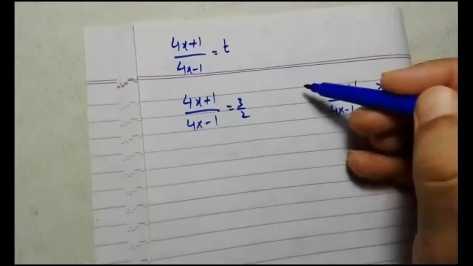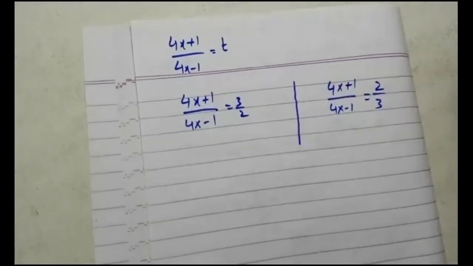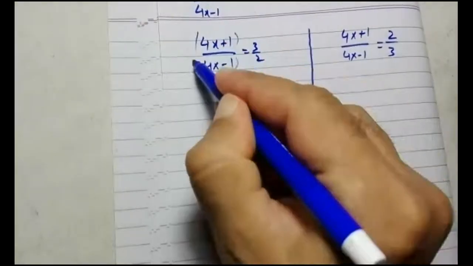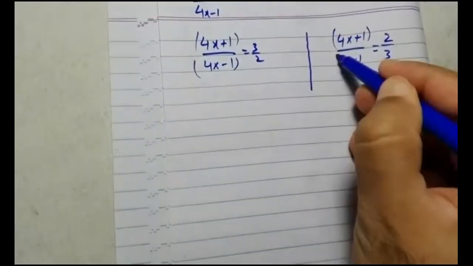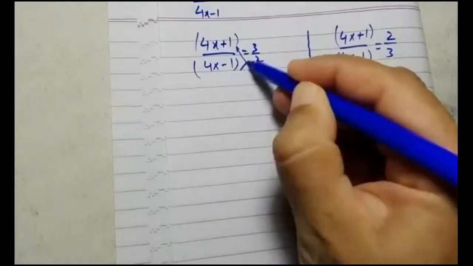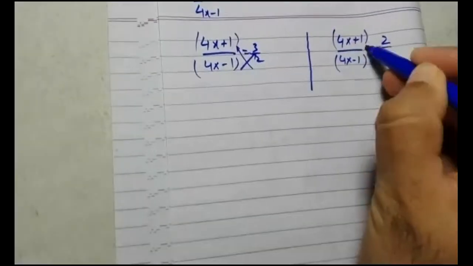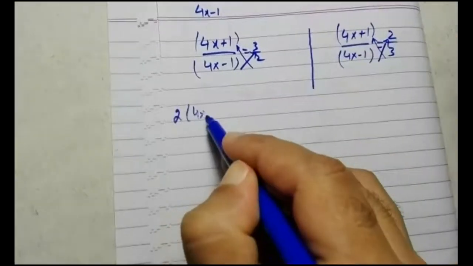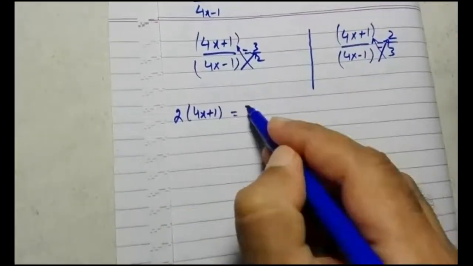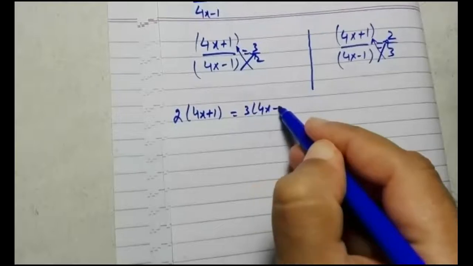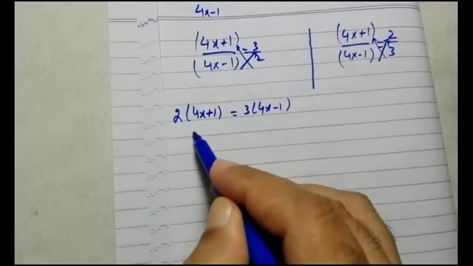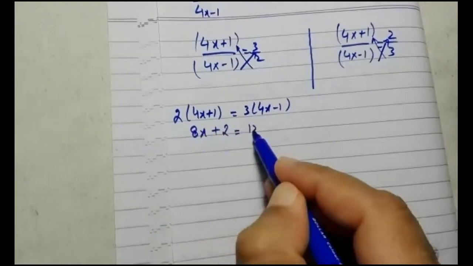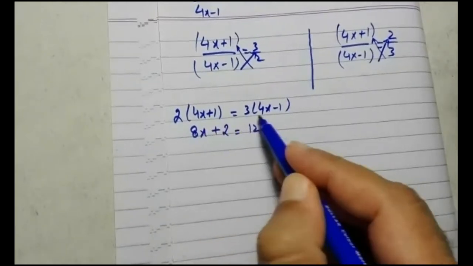So you will separate them into both of these terms, and you will go for the simplification. Place brackets around these terms like this, and then do the cross multiplication. It will become 2 times 4x plus 1 and 3 times 4x minus 1. If you multiply, 4 2s are 8x plus 2, 3 4s are 12x minus 3.